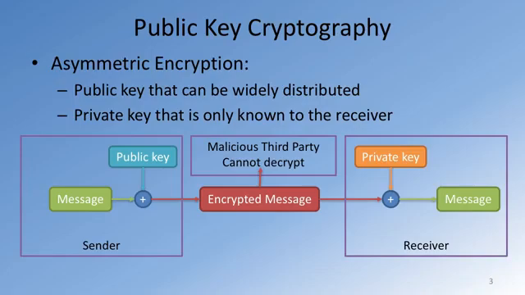Now, your obvious next question would be, why not simply use public key cryptography for everything? The problem is that using public key cryptography for encryption and decryption is an expensive process. And so that is why we don't use public key cryptography for the entire communication.